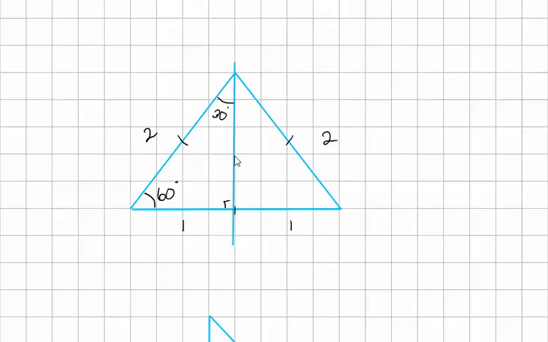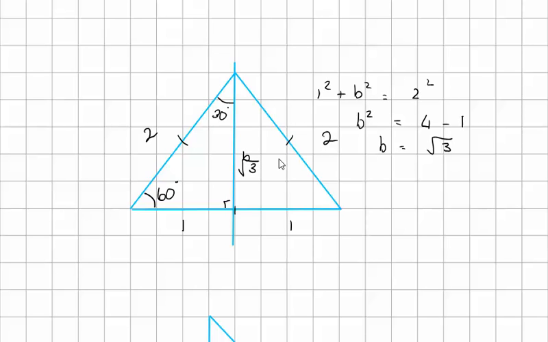So what is it? Let's call that b. I've got 1 squared plus b squared equals 2 squared, therefore b squared equals 4 minus 1. So b is the square root of 3. So this is actually the square root of 3.